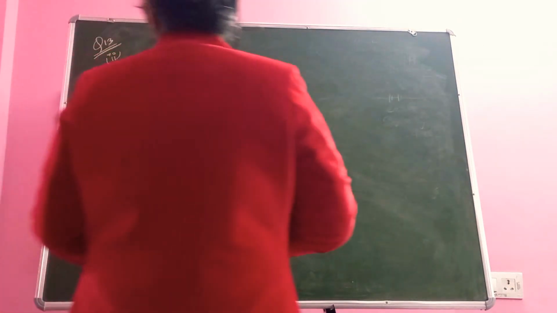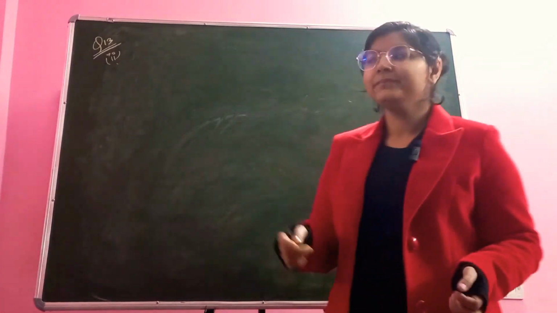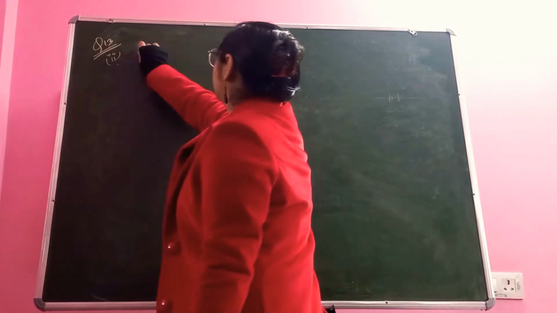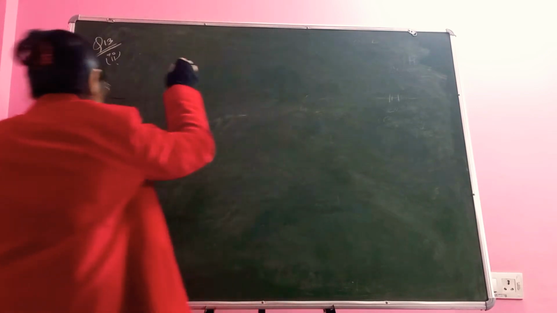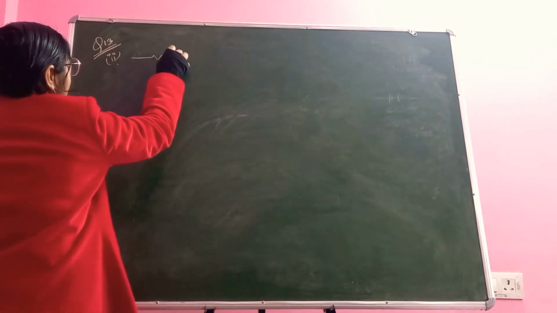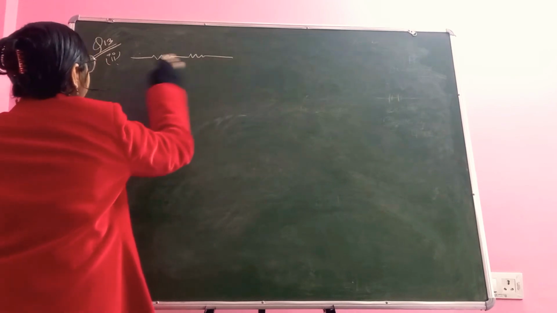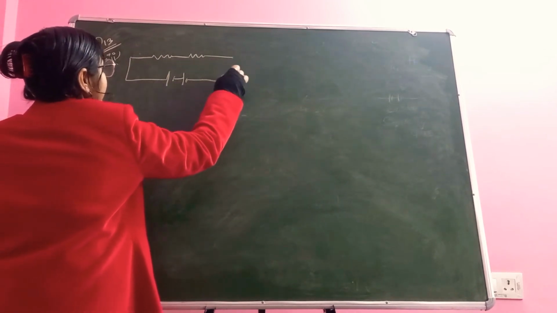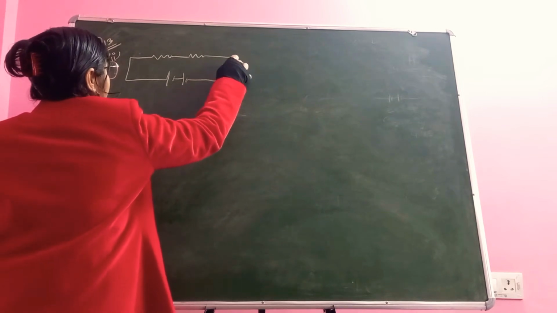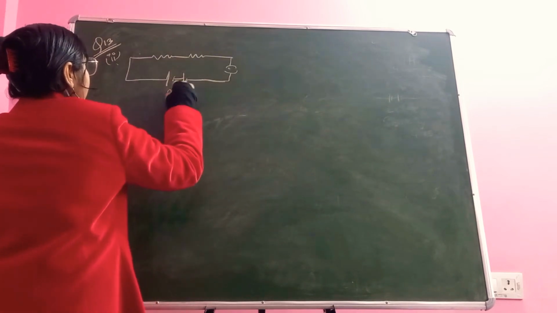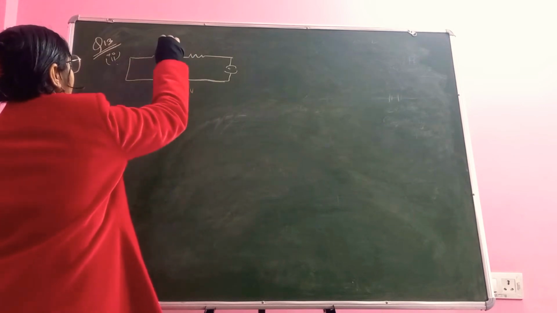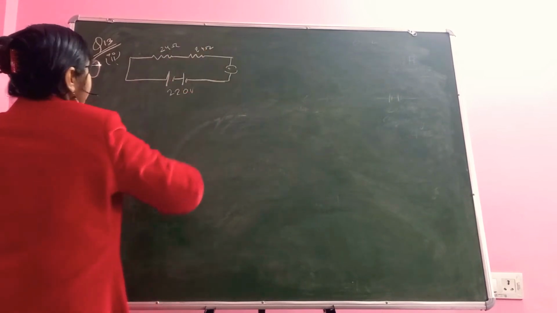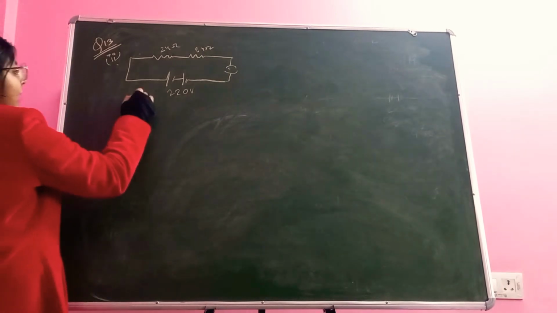Okay, so question number 13 and part number 2. The second part says that if these two resistors are connected in series to again the same 220 volt supply line, then what will be the value for I?